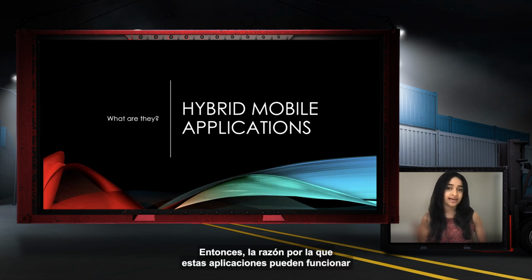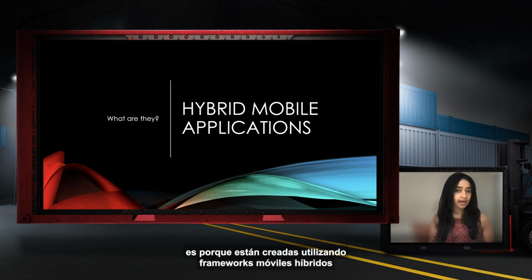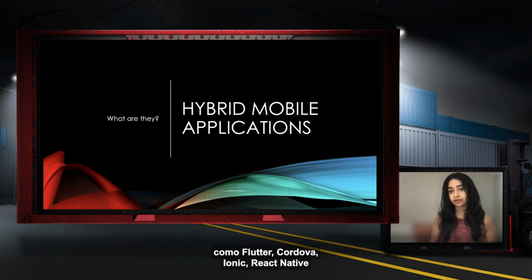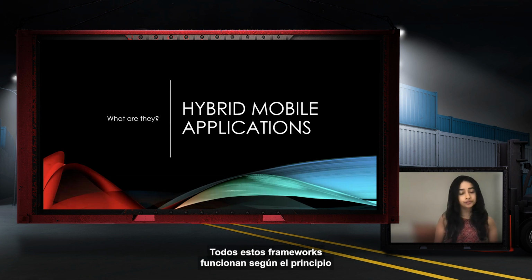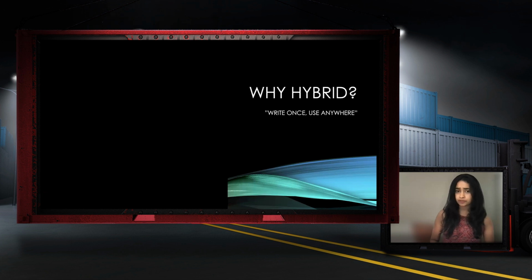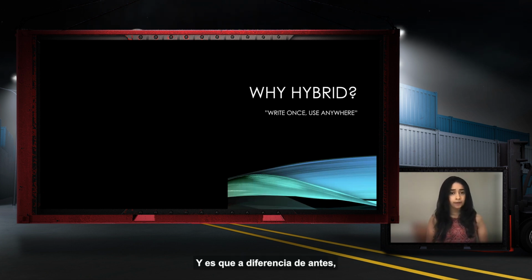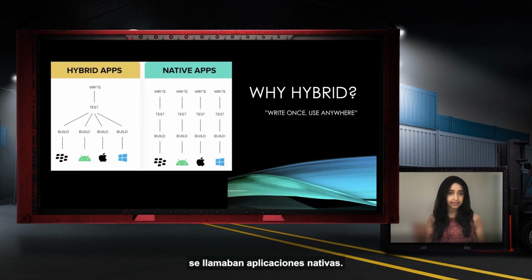The reason these apps are able to work on multiple platforms is because they are built using hybrid mobile frameworks like Flutter, Cordova, Ionic, React Native, and there's so many more in the market right now. All of these frameworks work on the principle of write once and use anywhere. Unlike before, when you would build an app per platform, they're called native apps.